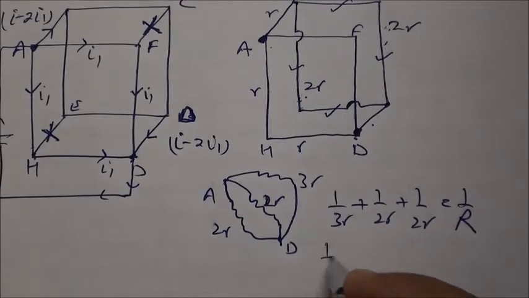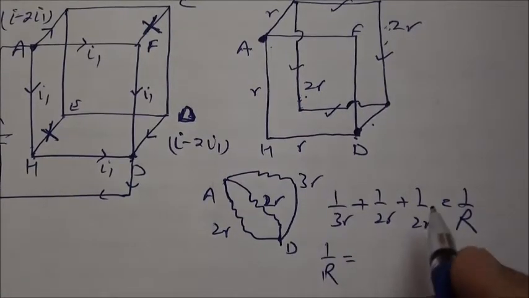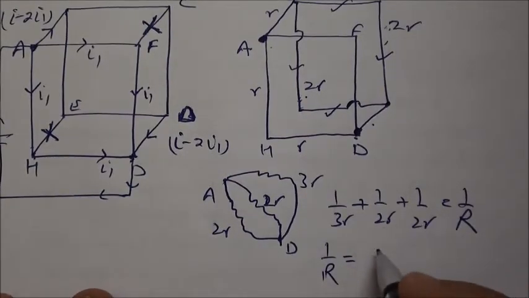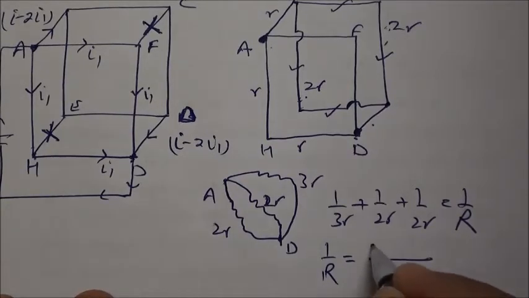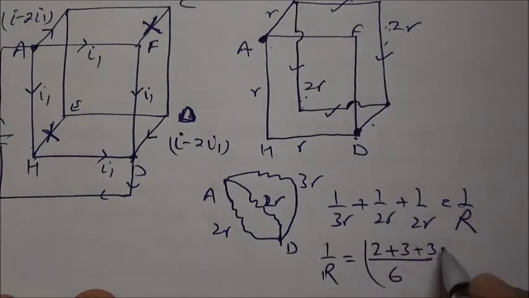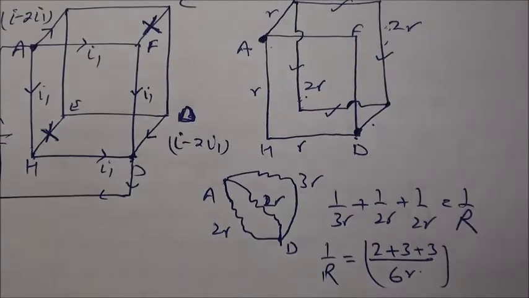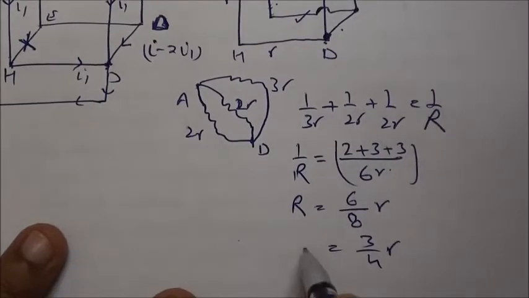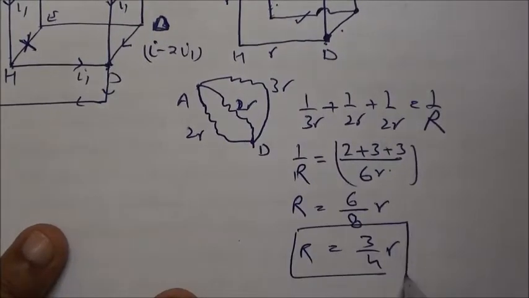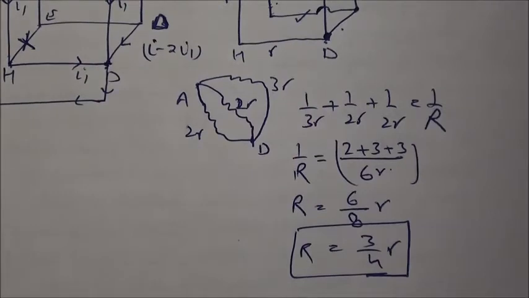So how much does it become? 1 by R equals, we can take the LCM, so R is 6 by 8 R or 3 by 4 R. So this is the equivalent resistance between A and D.